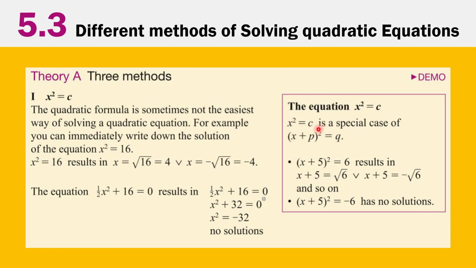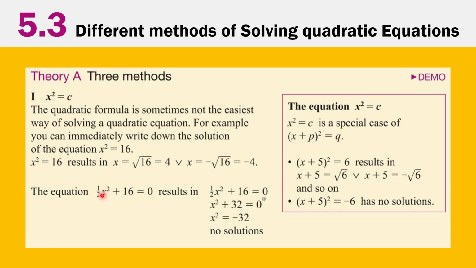This is a special form of the equation x squared equals c. If I just have a number like x squared equals 16, if in this case my c is bigger than 0, I get two solutions. Which two? The root of this number or minus the root of that number. In this case, root 16 is 4, or x is minus root 16, which is minus 4.